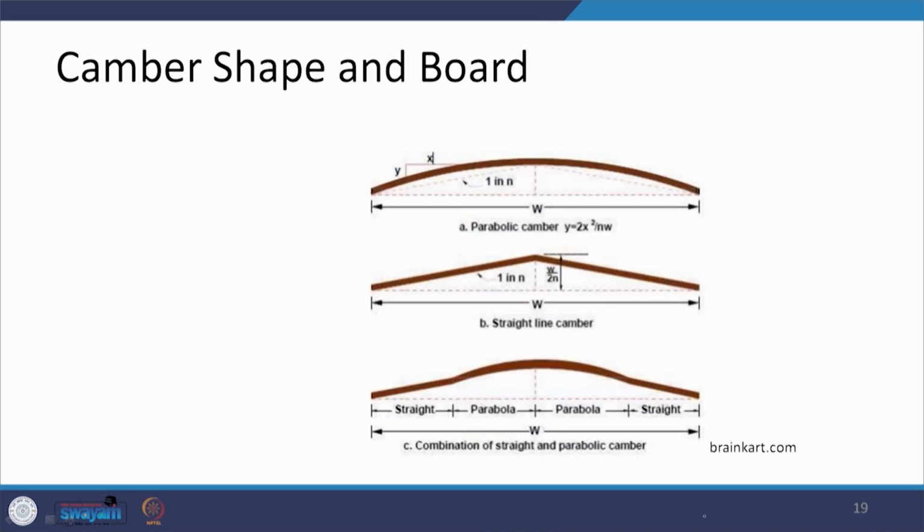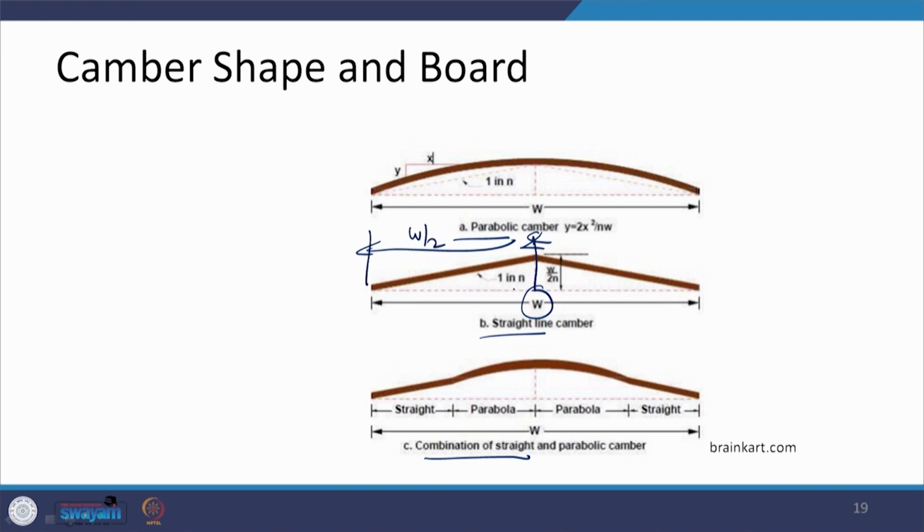Now, what is the shape of the camber which can be provided? The first one which you can see is parabolic, another one is a straight line, and the third one is a combination of straight and parabolic. The rate is being provided as 1 in n. So, what it says is that if this is the center line, I am going outwards in this direction, my width is w. So, when I come up to this point, my distance moved is w by 2.